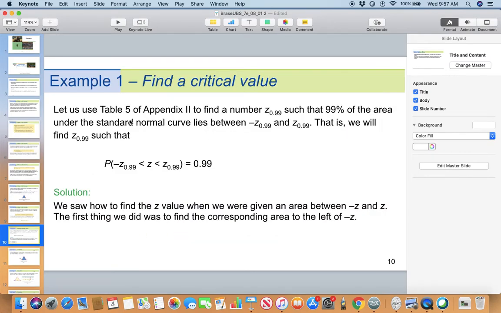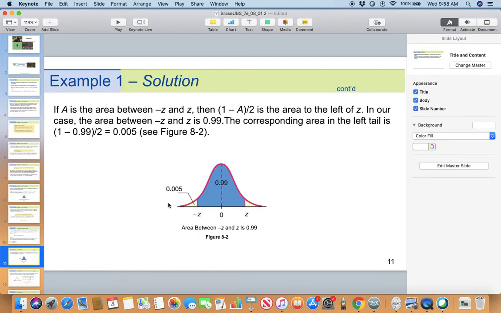Now this is where you can find the table. Suppose you want to find the critical number for 99%. You want the probability that your Z score is between these two numbers. We saw how to find the Z value when we were given an area between two numbers. Well, you want to find the corresponding area to the left of negative ZC.